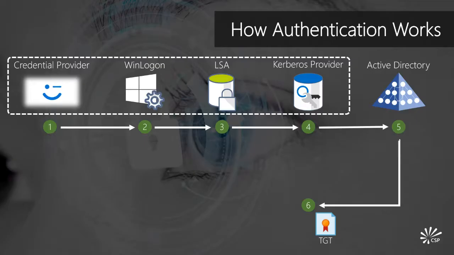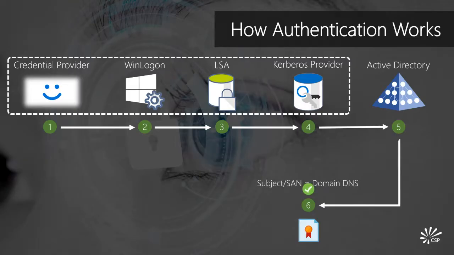So this TGT gets sent back to the Kerberos provider on the Windows device as an AS rep message, again, just a formal name for the response, but it is signed by the domain controller's, or the KDC's, certificate. This is where having that enterprise PKI is a requirement even for key trust, because it's necessary for the KDC's response to be signed by a certificate that's trusted both by the KDC and Windows at the same time.